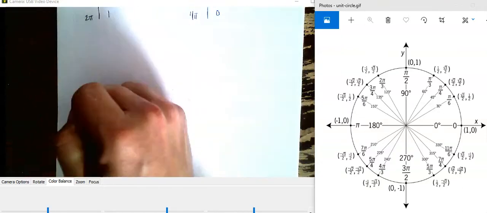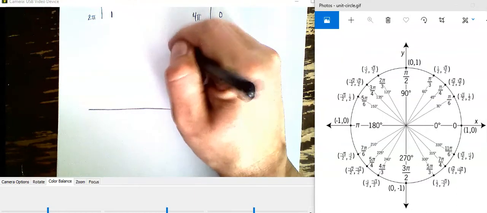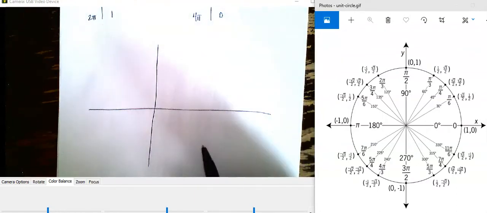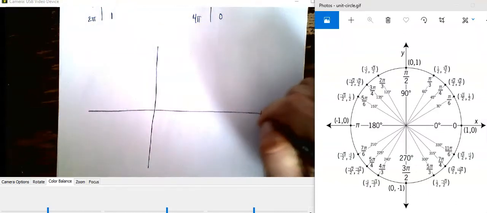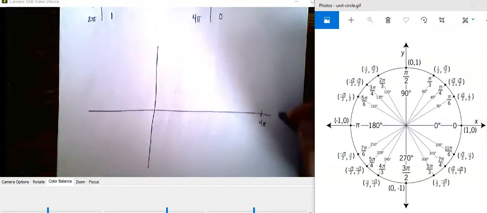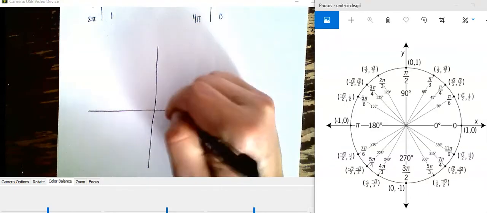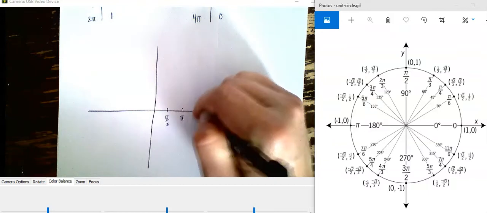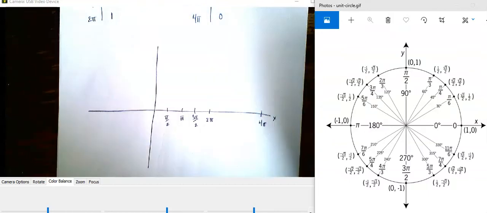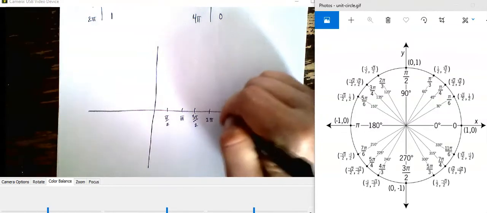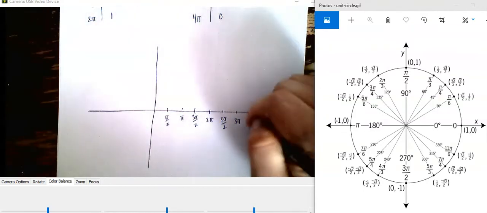So let's go ahead and graph our points here. Note that this time our x's go to 4 pi, so I'm going to start that over here, 4 pi, and then 2 pi, pi over 2, 3 pi over 2, 3 pi, 5 pi over 2, 7 pi over 2.